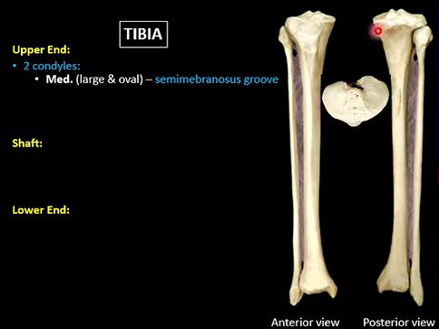Just behind the medial condyle, there is a groove for the semimembranosus, while just behind the lateral condyle, there is a facet for the fibula. So you have to tell the differences between the condyles and a feature related to each condyle.